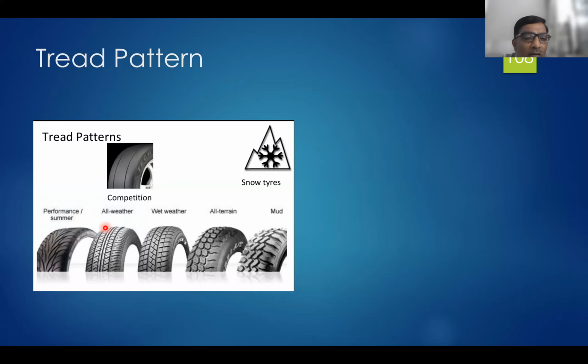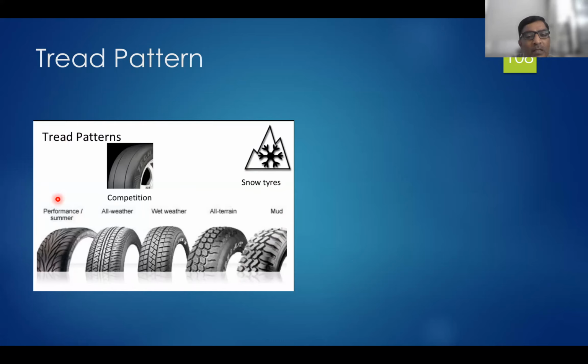This is a tire which can be used for all weather. This is used for wet weather. This is used for all terrain, that means all types of roads and all types of irregularities on the road. This is used for mud. This is used for mud. So again, based on this image, there may be a question.